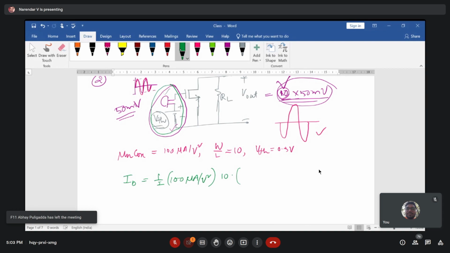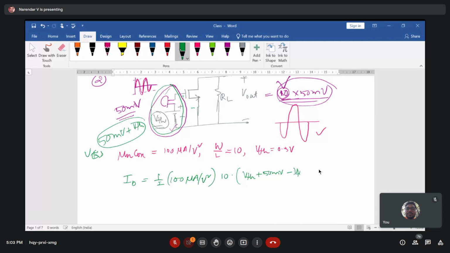So here this complete input VGS, you can write it as 50 millivolts plus VTH signal that you are applying is equivalent of VGS. Now VTH is already there, so you can consider VTH plus 50 millivolts minus VTH whole square.